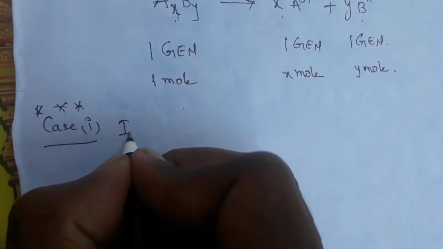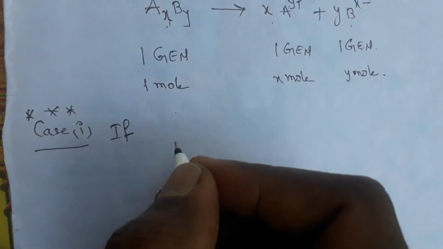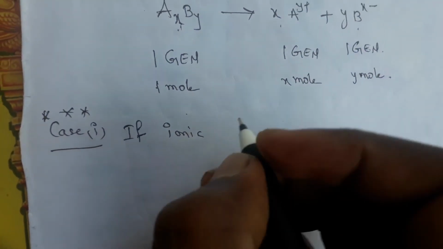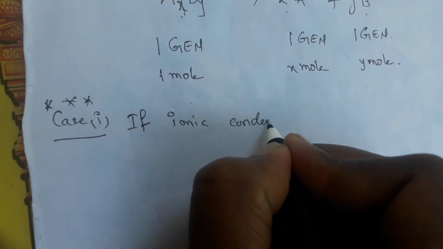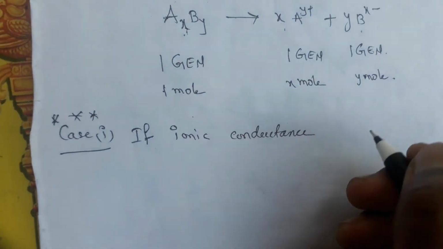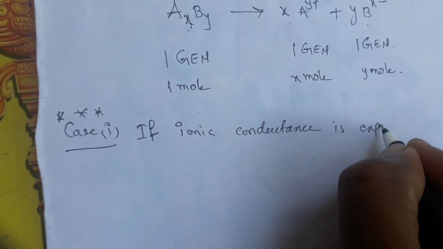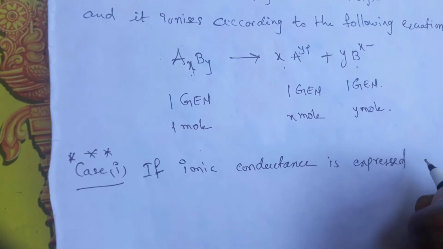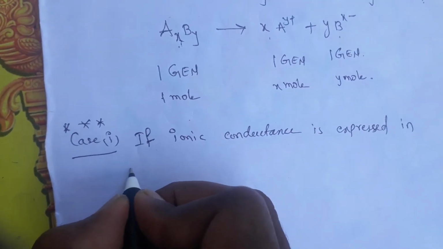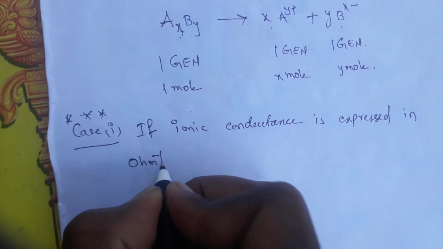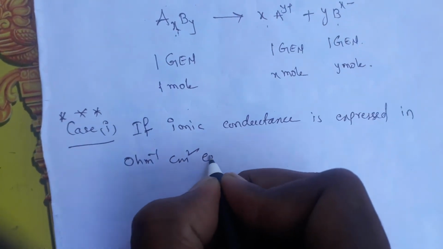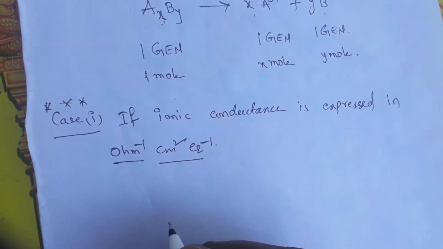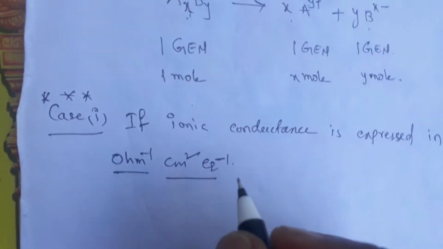In any question paper, if ionic conductance is expressed in units like ohm inverse centimeter square equivalent inverse, how do we get these units?